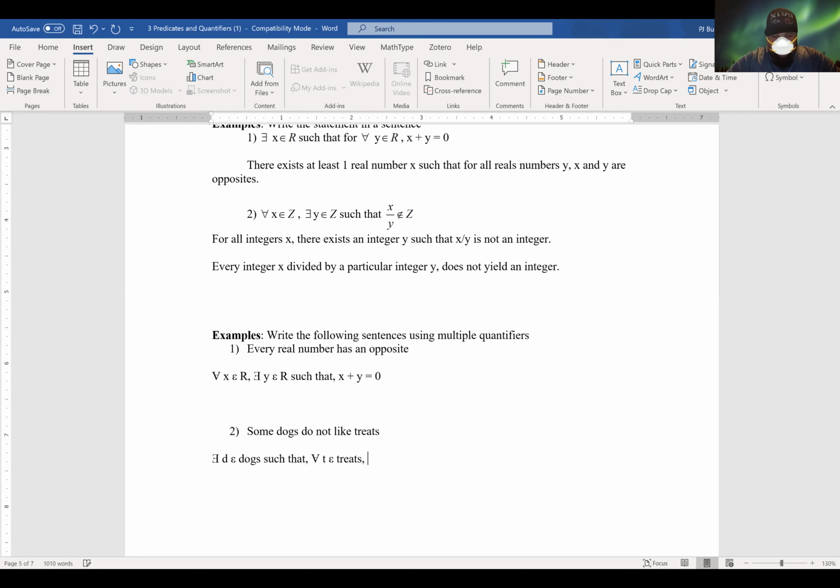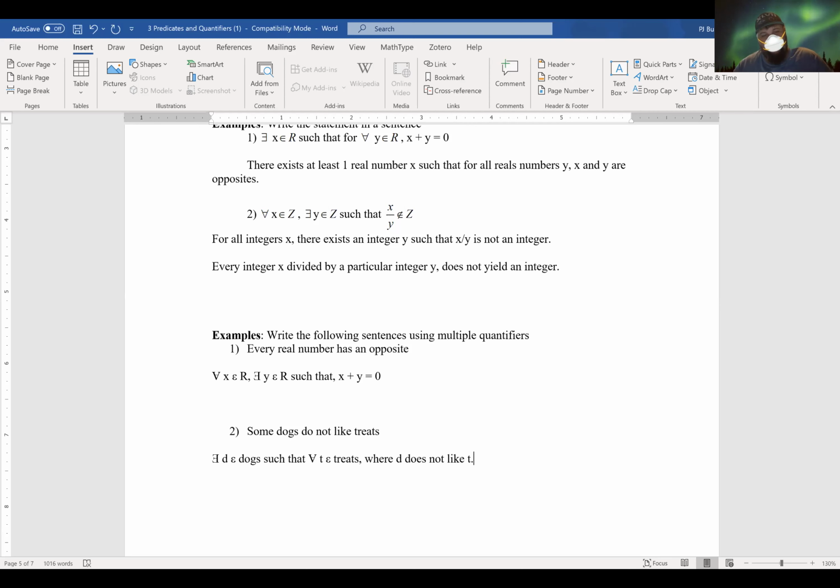D does not like T. That one's not a mathematical thing, so it's a little strange in terms of what do I put for the last part. So let's read it again. It says there exists at least one dog, right?